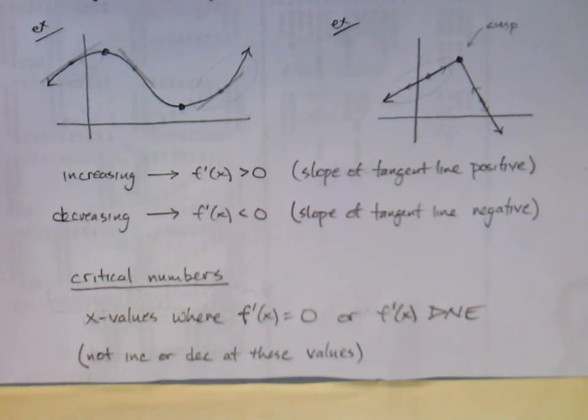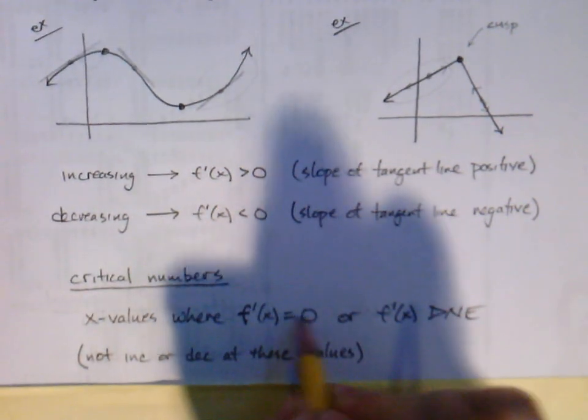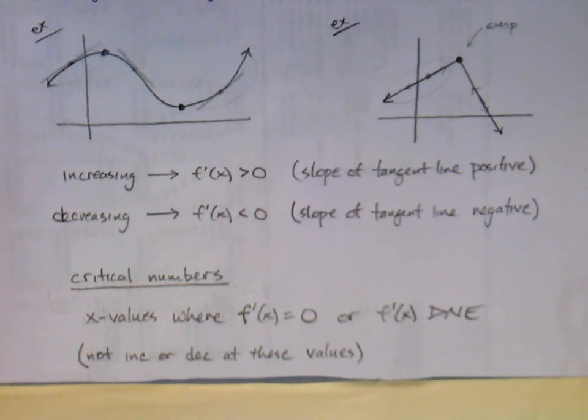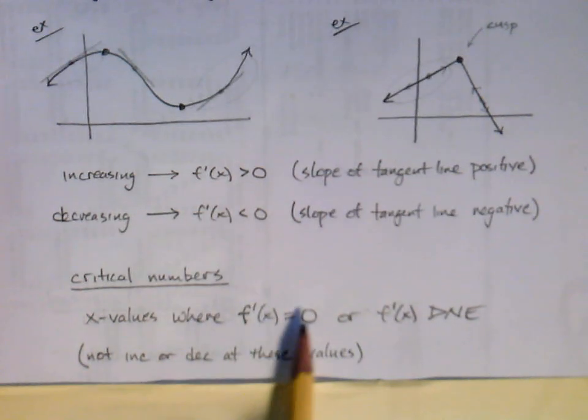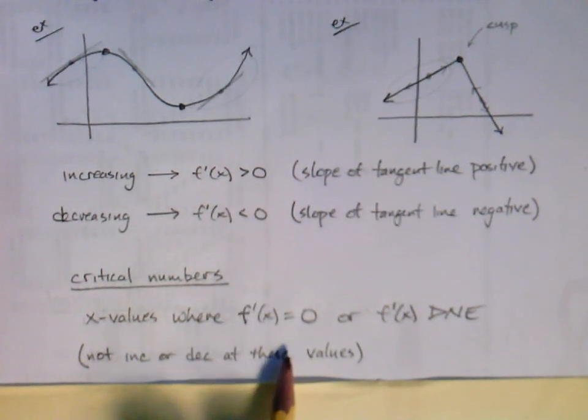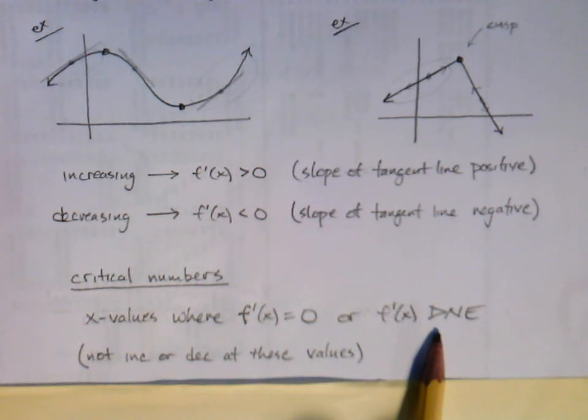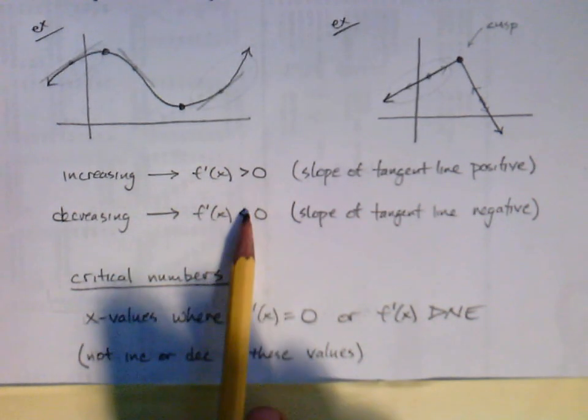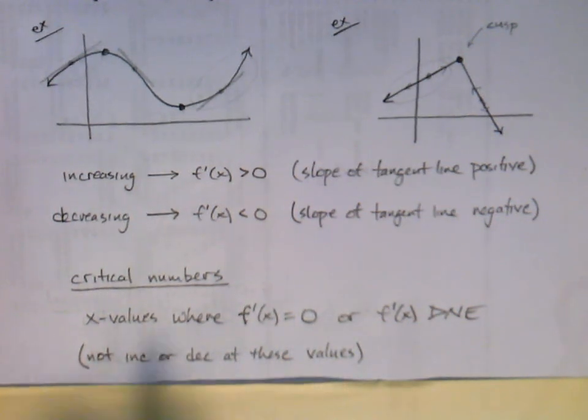Critical numbers are x values where the derivative either equals 0 or where the derivative does not exist. Say, okay, well, if your derivative equals 0, then it's neither positive nor negative, right? It's not increasing or decreasing. And if your derivative does not exist, same thing. It's not either of these, right? If it doesn't exist, it's not increasing or decreasing there.